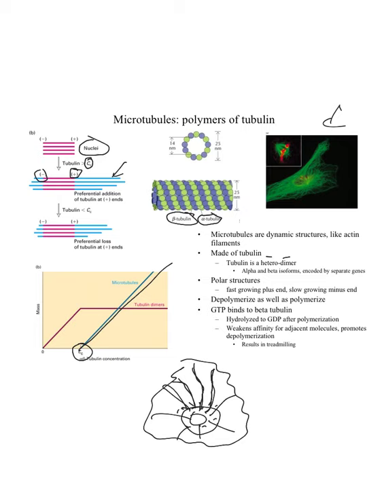And so it's sort of analogous to that if we're going with the train metaphor. The plus end of the microtubules are the ones found towards the periphery of the cell.